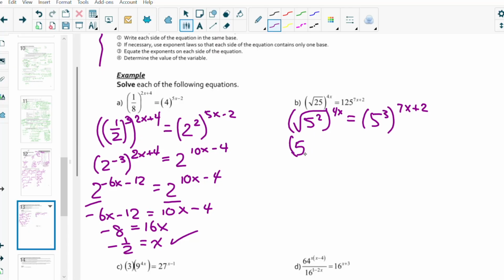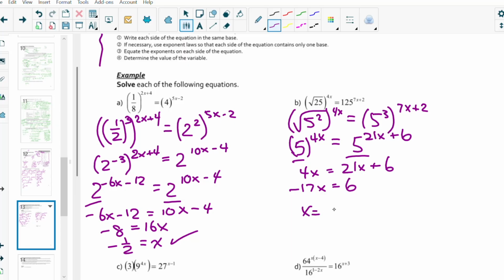Okay, so square root of 5 squared is 5, and that's to the 4x equals 5 to the 21x plus 6. Same base, let's set the exponents equal to each other and solve for x. I get negative 17x equals 6, x equals negative 6/17.